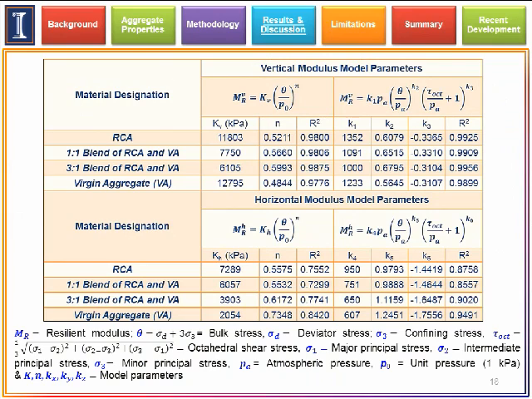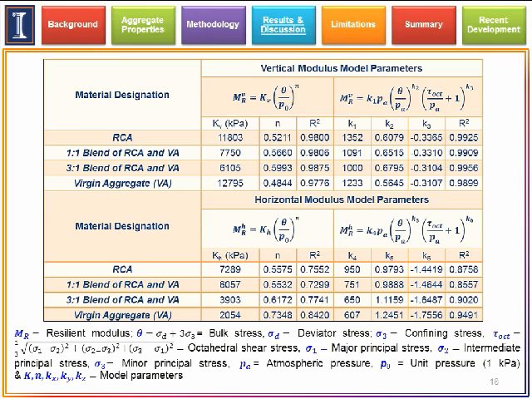And we have also fitted these resilient modulus results to two well-known models. One is the K theta model and another one is the universal model. If you take a look at these numbers, you can see that the single source materials like recycled concrete aggregates and virgin aggregates have a higher K value compared to the 1:1 and 3:1 blends, which represents the bulk stress term.